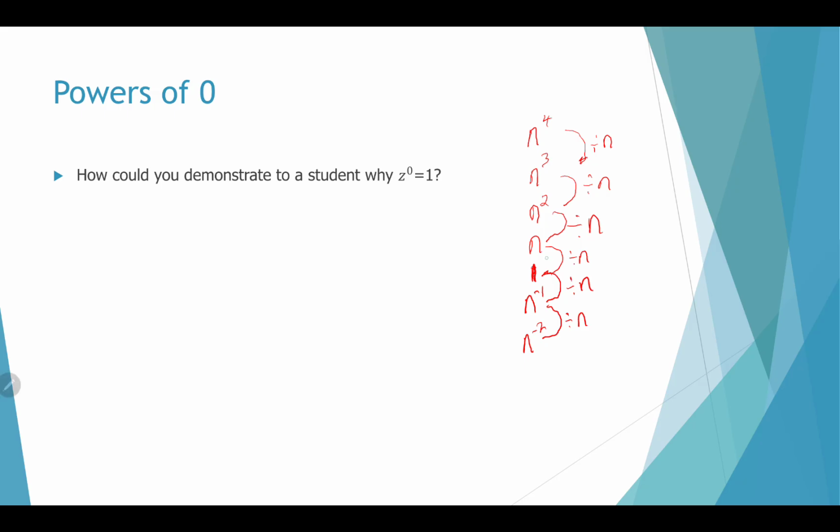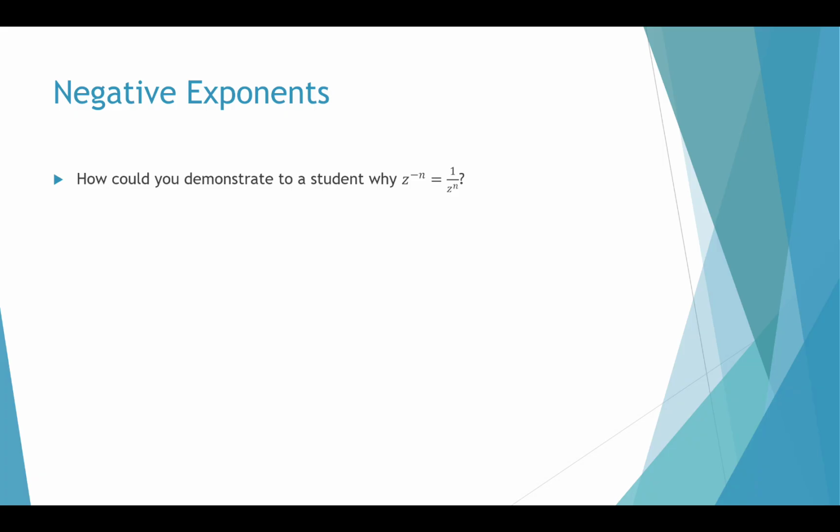So that is a nice way to explain why we get 1. Are there other ways? Absolutely, there are other ways. I want you to consider how you would explain this to a student. Why is it true? What justifies it? Maybe what justifies it in your own mind. And then maybe that'll help you have a good, solid understanding to explain it to students.